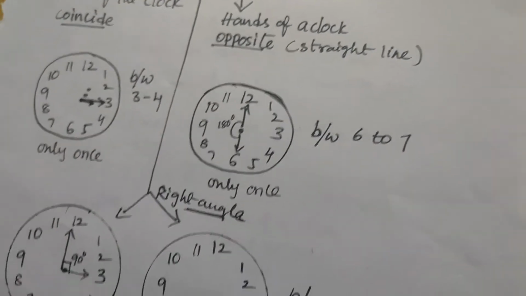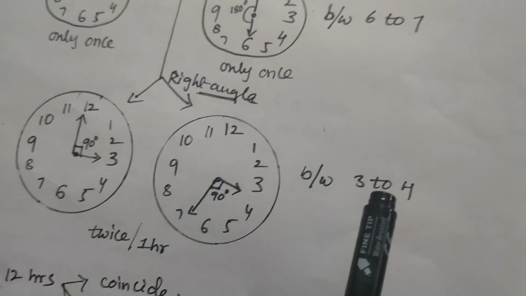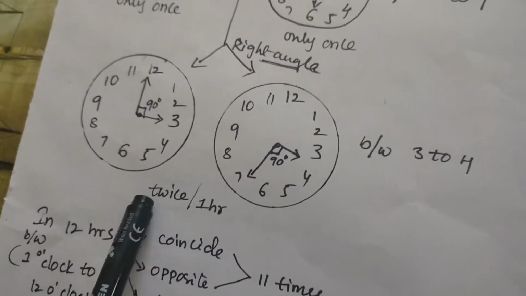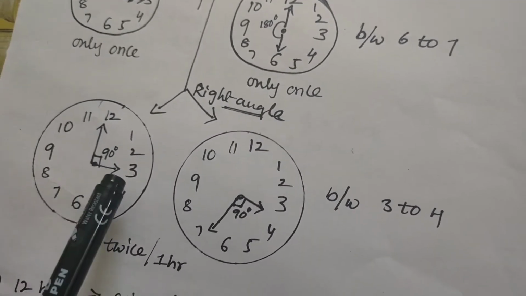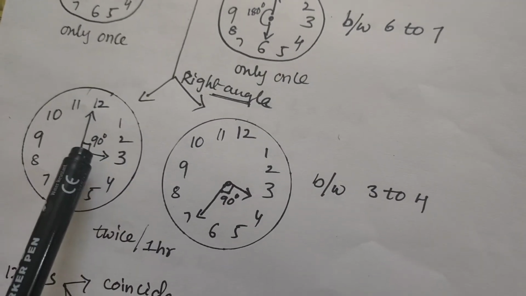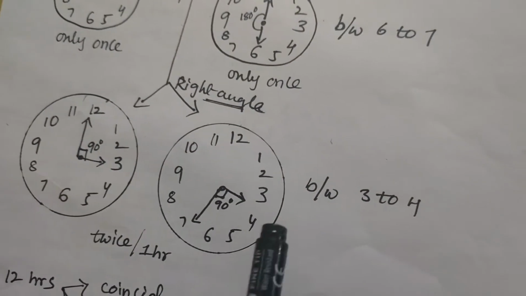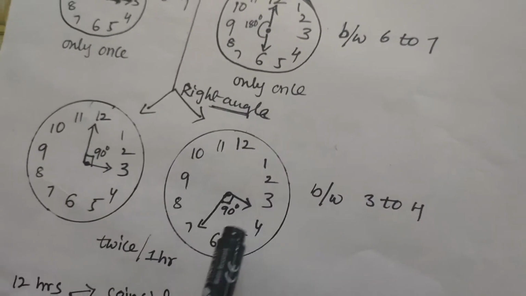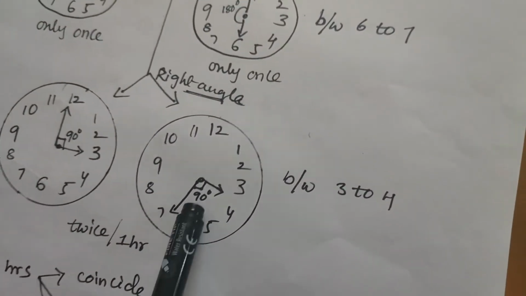Between 3 and 4 the hands will make 90 degrees twice. See here, the angle between the hands is 90 degrees at 3 o'clock, and between 3 and 4 there is the other 90 degree angle.